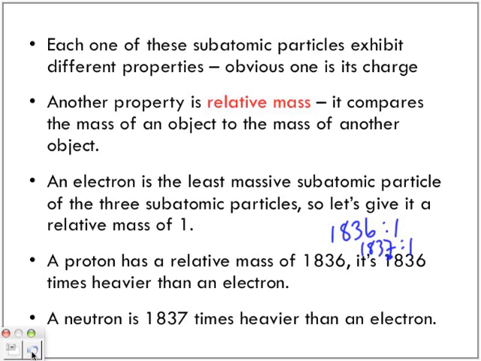That 1 will make a difference when we're comparing the proton and the neutron. But keep in mind that 99.9% of the mass of an atom is made up of protons and neutrons, and we're going to talk about how much of each in a later chapter.